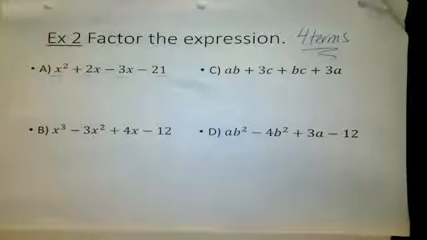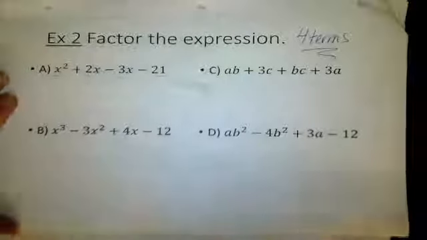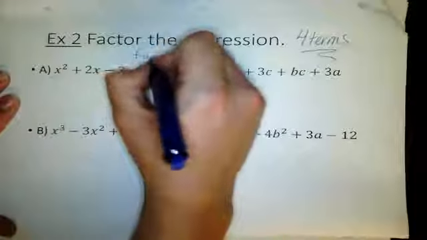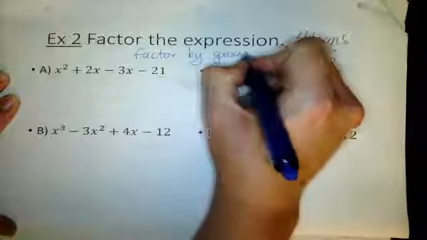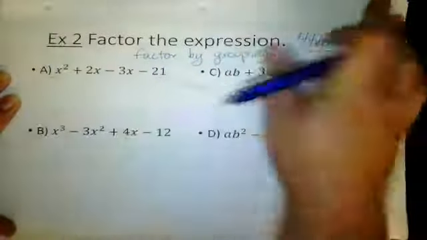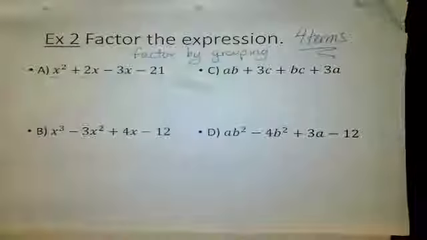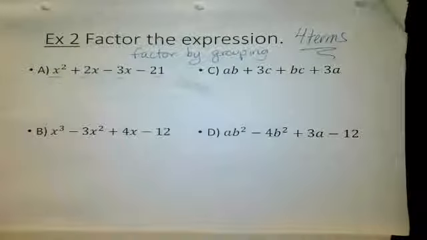When we have 4 terms, a very common strategy for factoring is factor by grouping. So that's this method that we're using. And it is just a strategy. And factor by grouping doesn't only work when there's 4 terms. It works sometimes, but it can work for any even number of terms.